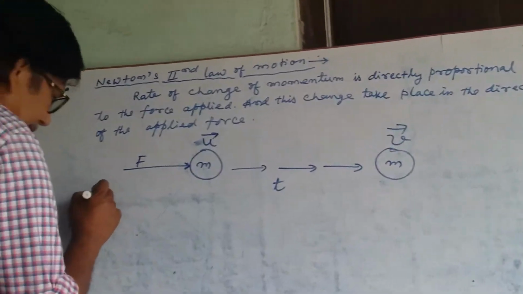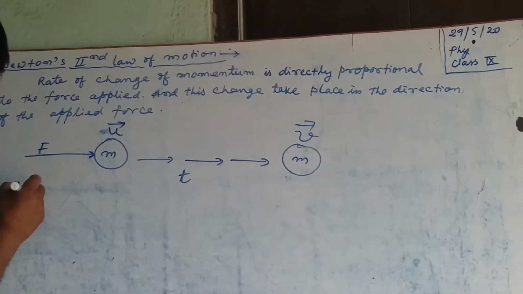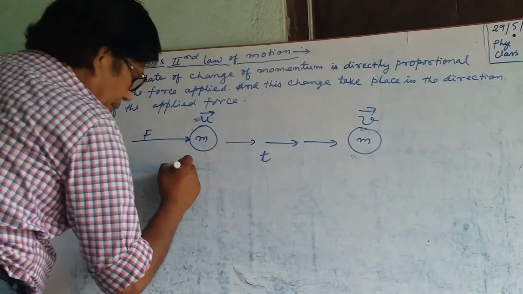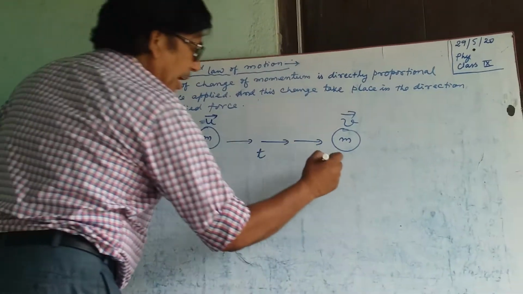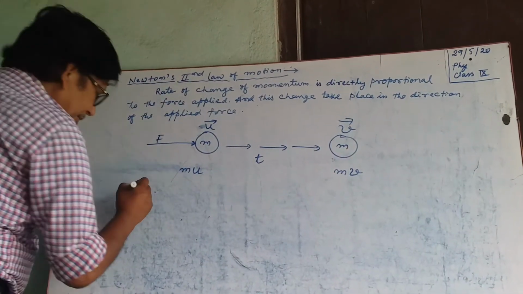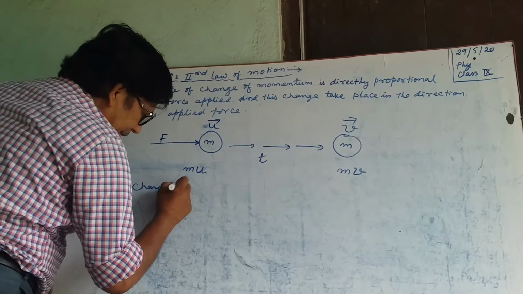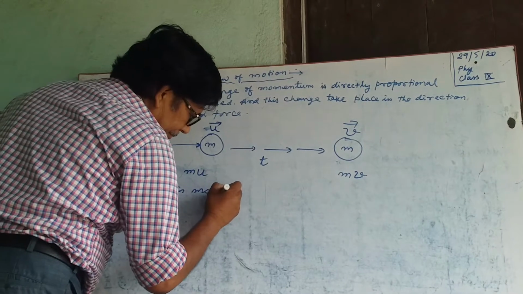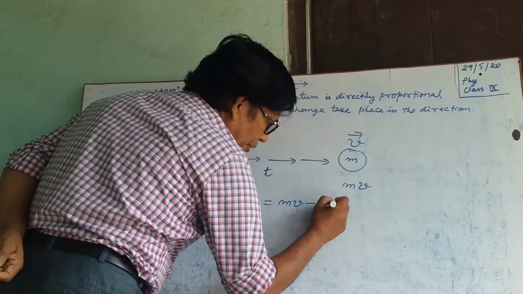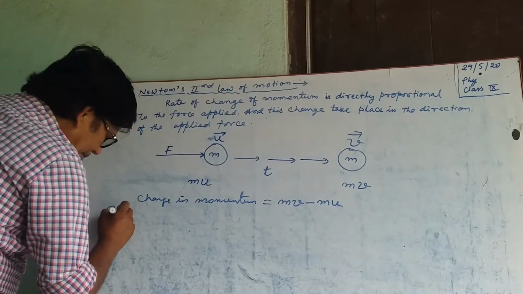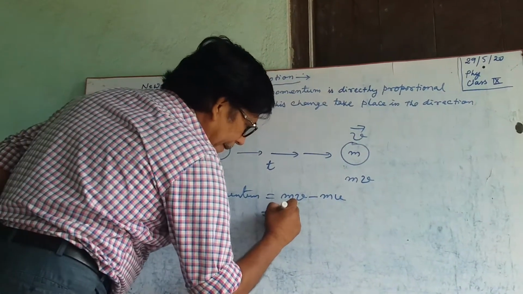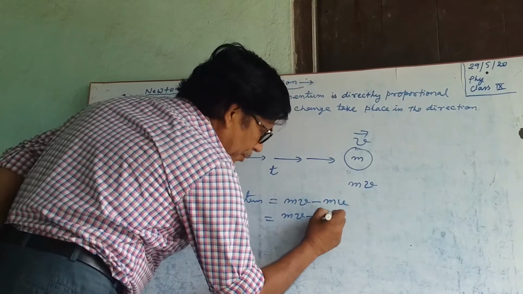Then initial momentum is equal to mu and final momentum is equal to mv. Then change in momentum is mv minus mu.